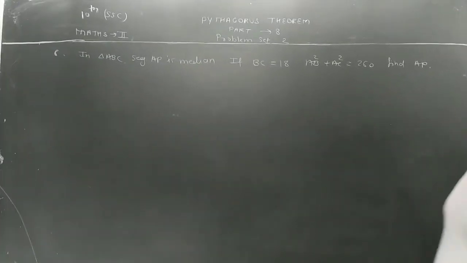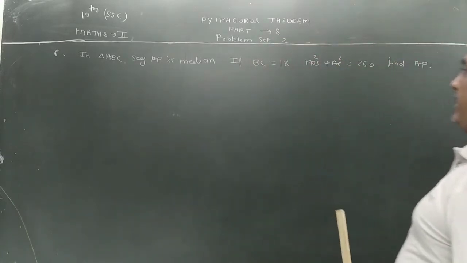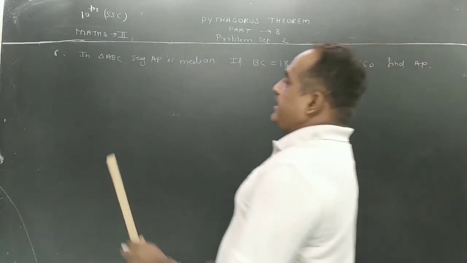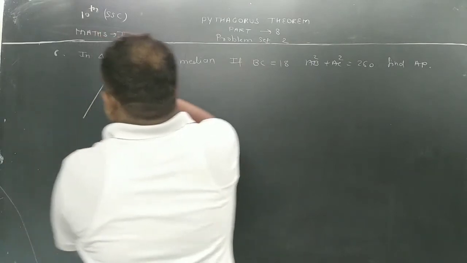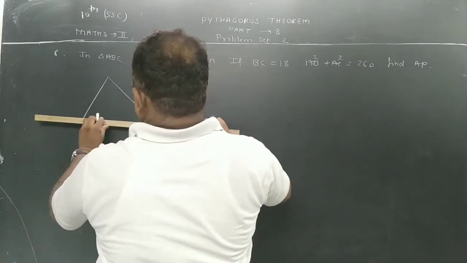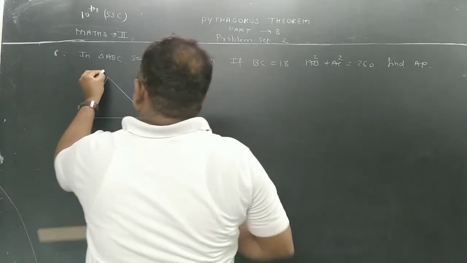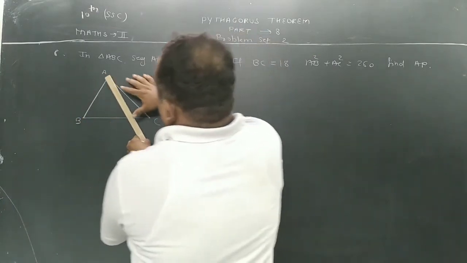Now, sixth question. In triangle ABC, AP is a median. BC is equal to 18, AB square plus AC square is equal to 260. Find AP. So, we'll draw a figure of triangle ABC. In triangle ABC, AP is a median.